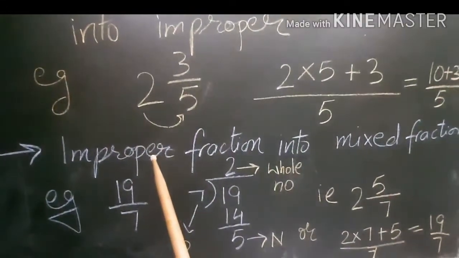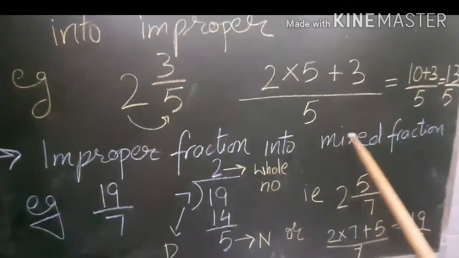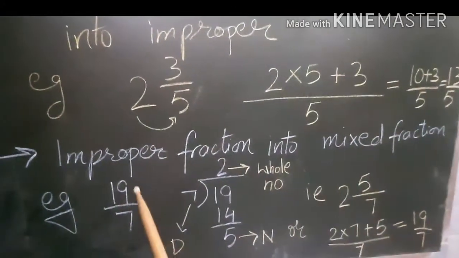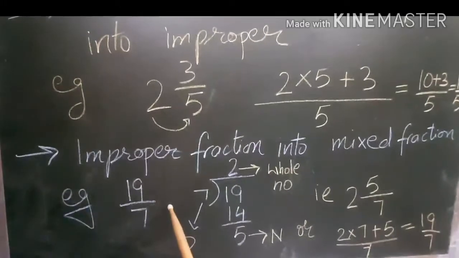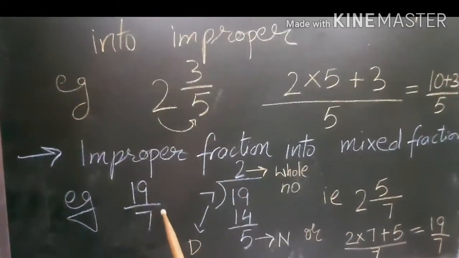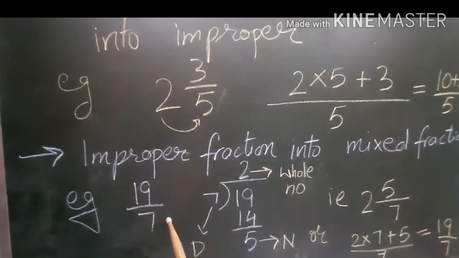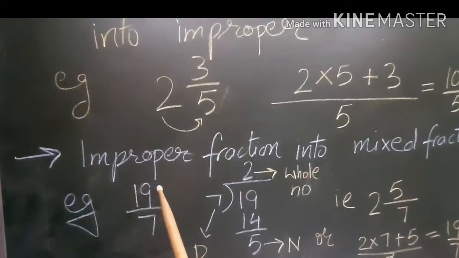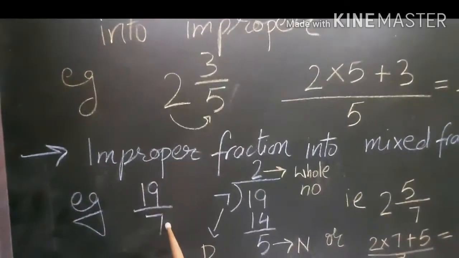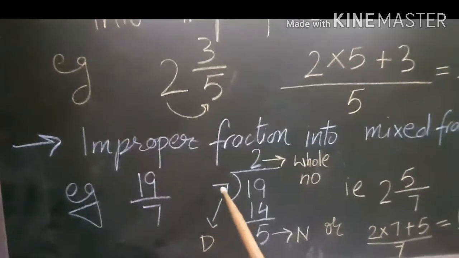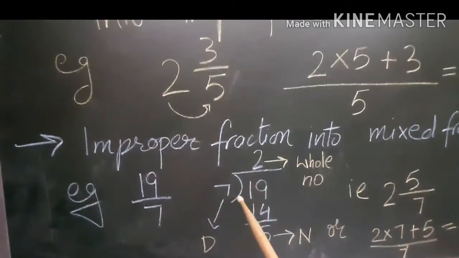Now how to convert an improper fraction into a mixed fraction? I take the example 19 by 7. Numerator 19 upon denominator 7. Just divide your numerator by your denominator. I divide 19 by 7.